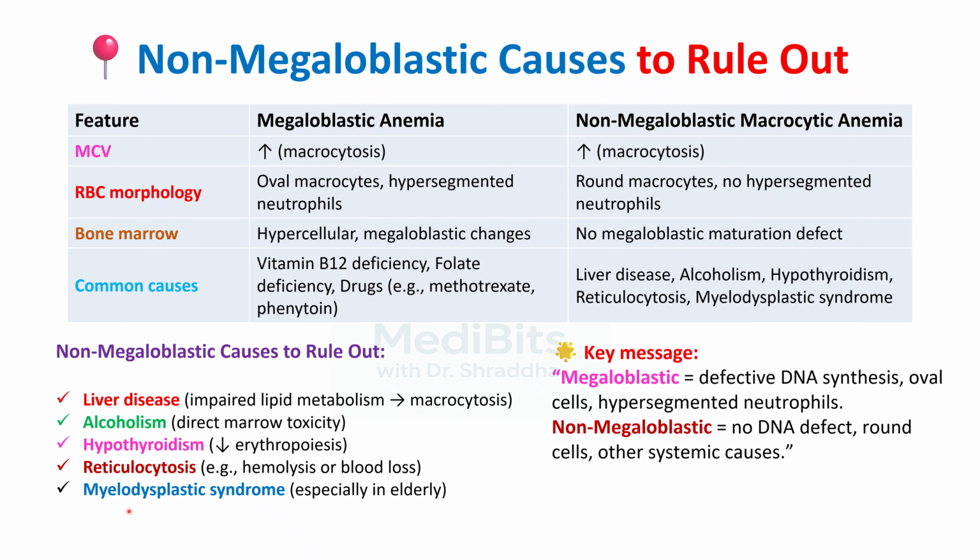So basically, not all macrocytosis equals vitamin deficiency. Always think of other causes too, especially in elderly or chronic disease settings. So here the key message is megaloblastic equals defective DNA synthesis, oval cells, hypersegmented neutrophils, whereas non-megaloblastic equals no DNA defect, round cells, and there are other systemic causes.